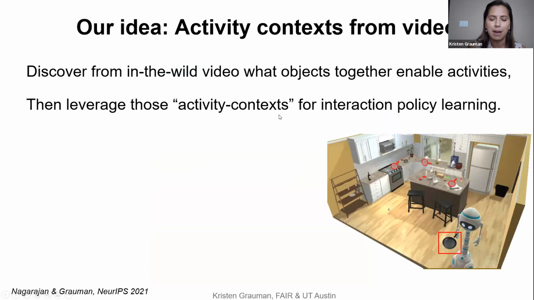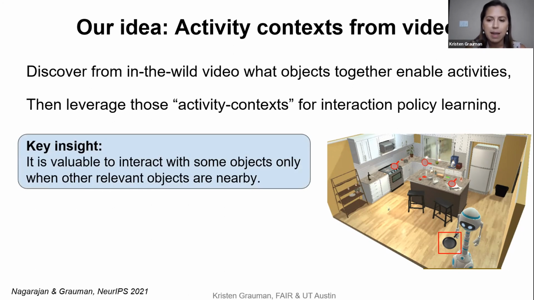So let me say a little bit then how exactly we do it. We're going to, again, take in-the-wild video, like the ones I've been showing, and discover which objects together enable activities. Then we're going to leverage those, what we call activity contexts, for interaction policy learning. The key insight is that for a human, for an agent, there are going to be valuable interactions with some objects that only become valuable when other objects are nearby.